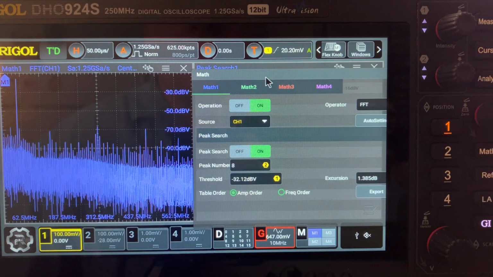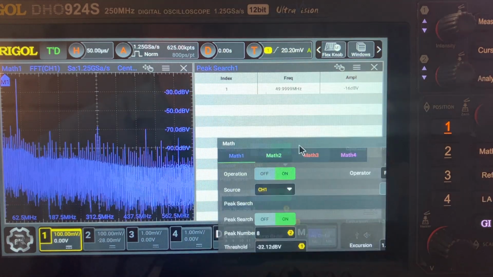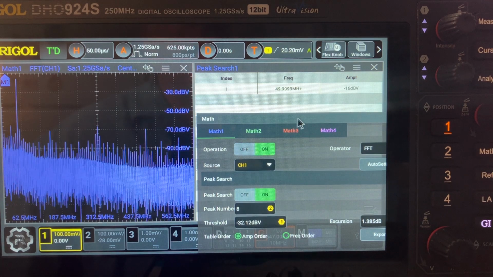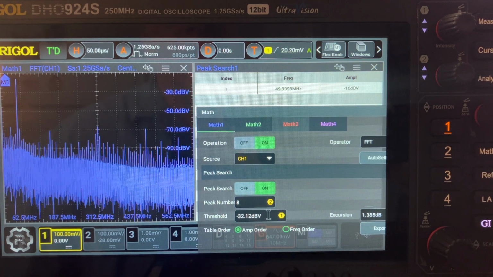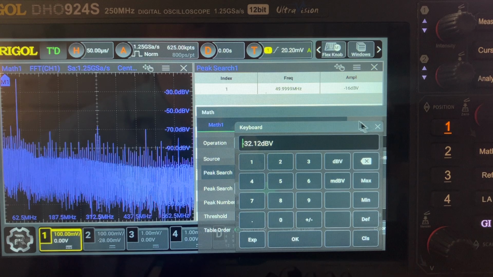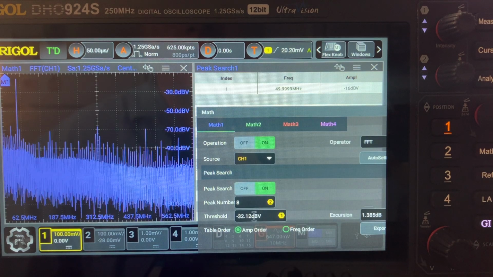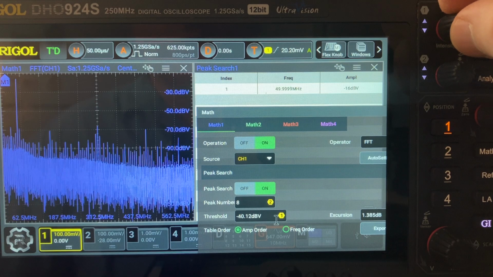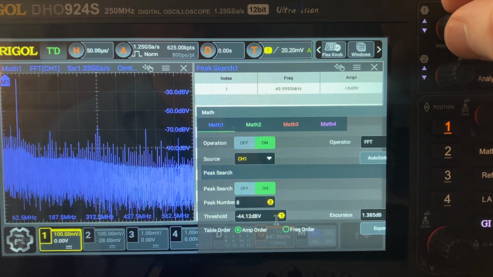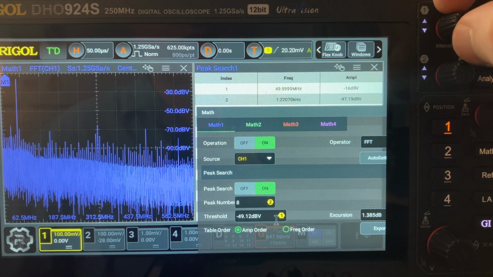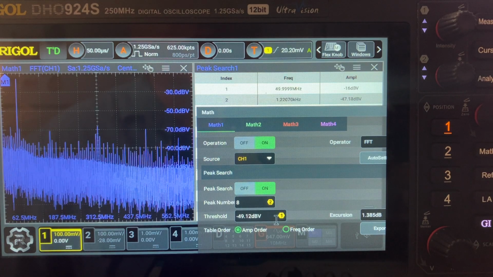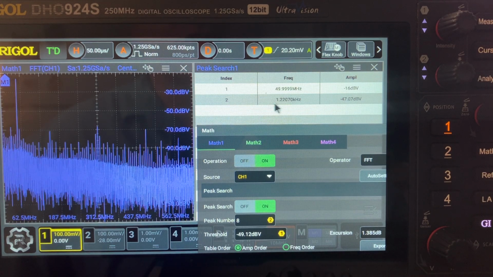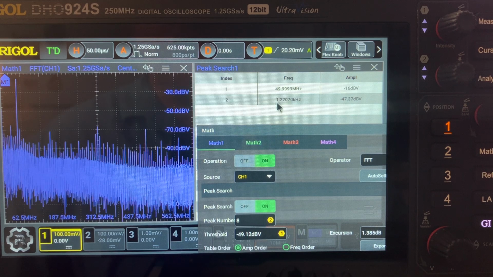The scope doesn't know where to look. Of course, it finds the first one at 50 megahertz, but let's increase the sensitivity. So no peak up to 44, negative. Oh, at 49 I got 1 peak, and this one is almost 0 frequency. So it's the DC component.